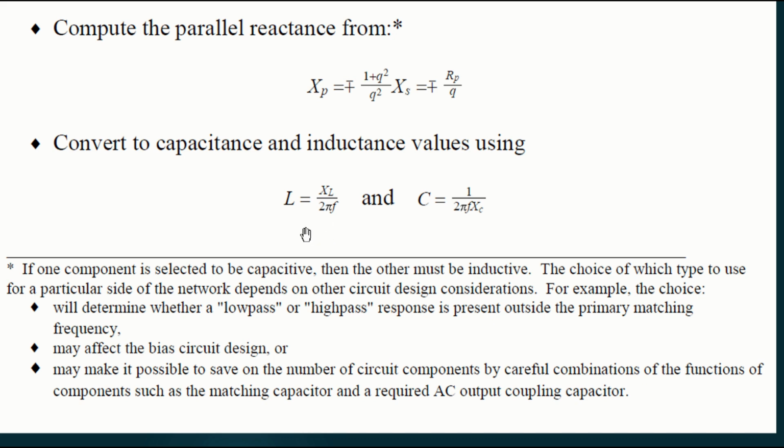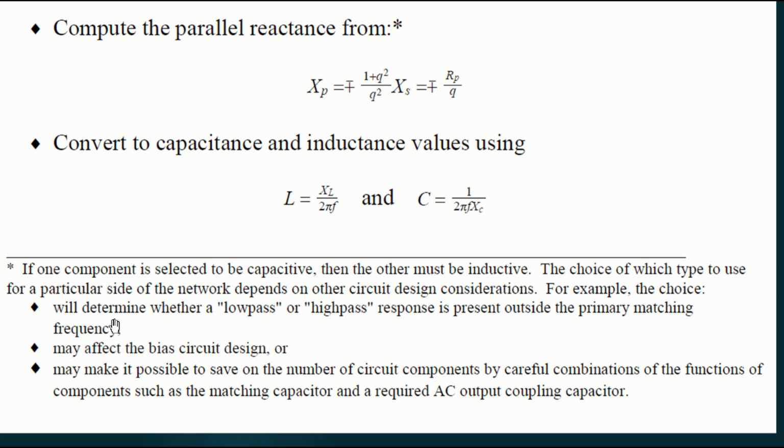And finally, we convert to the actual L and C values. And there's a note down here. If one component is selected to be capacitive, then the other is inductive. So we know that. The choice of which type to use for a particular side of the network depends on other circuit design considerations. For example, it will determine whether you get a low pass or high pass response outside the primary matching frequency.